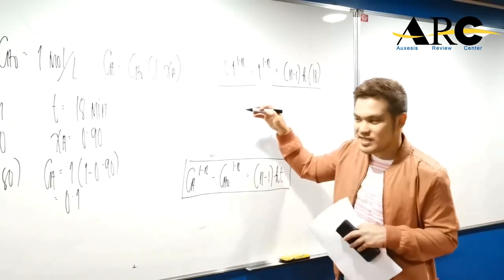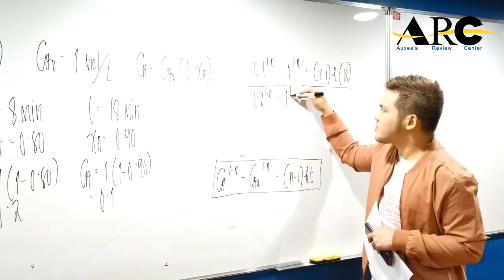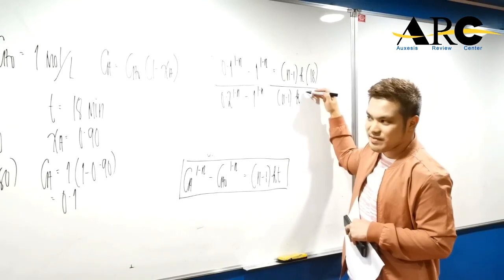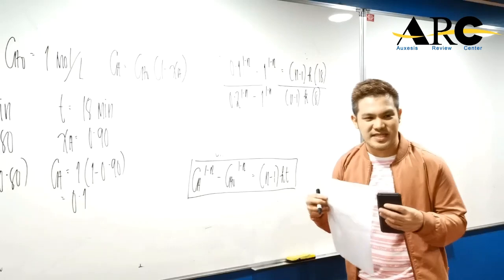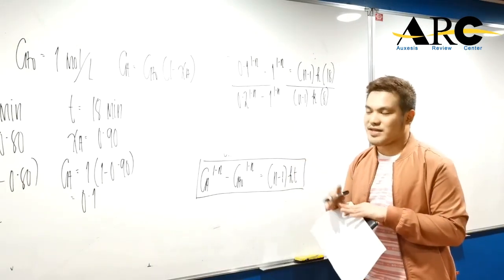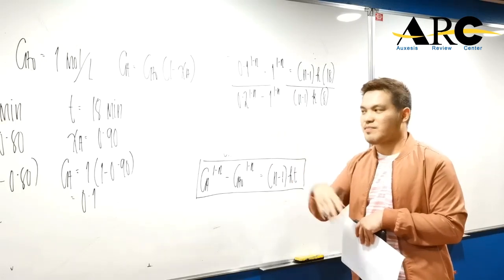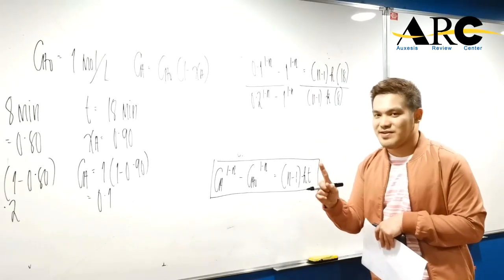Once na ang Ca natin is 0.2, 0.2 raised to 1 minus n minus 1 raised to 1 minus n, equals n minus 1 times K times 8 minutes. Huwag nyo kakalimutan, kapag same reaction, same yung order, same yung value ng K. Same reaction at constant temperature, wala namang sinabi na nagbago yung temp. So, same yung value ng K.